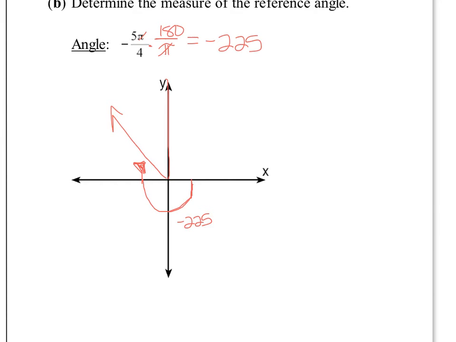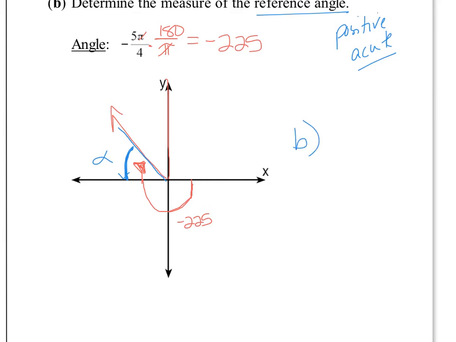All right, the reference angle. Remember, the reference angle always goes from the terminal side to the x-axis. So how many degrees would be in here? Remember, reference angles are always positive and acute. So this is your alpha, and they actually want the measure.